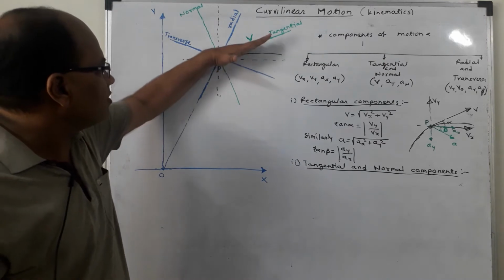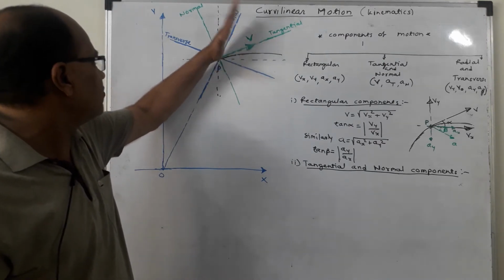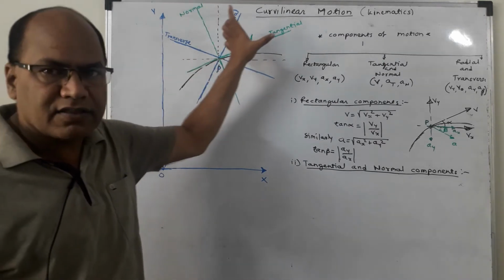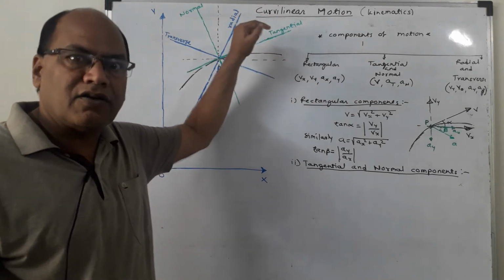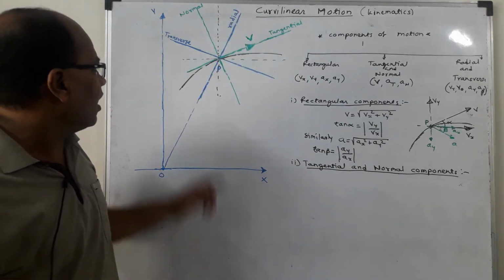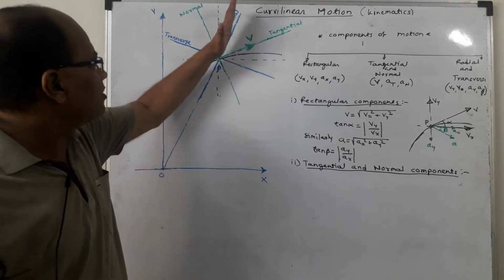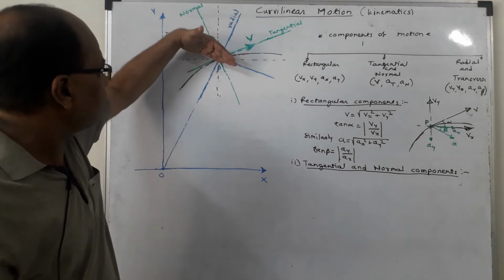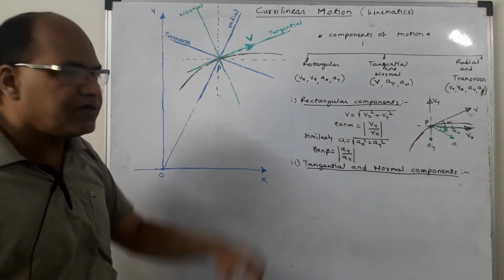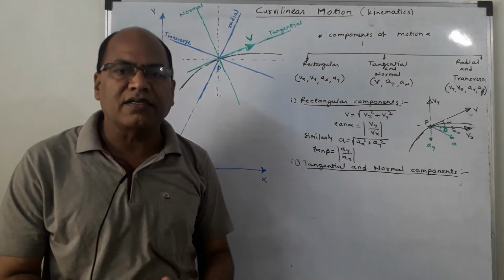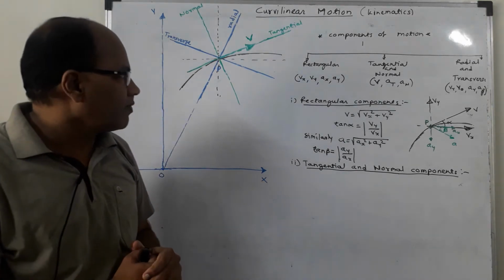Second, x axis is considered along the tangent, y axis along the normal, and this system is called the tangential and normal type of reference system. And the third is the x axis along the radial direction, y axis along the transverse direction, and the reference system is called the radial and transverse type of reference system.